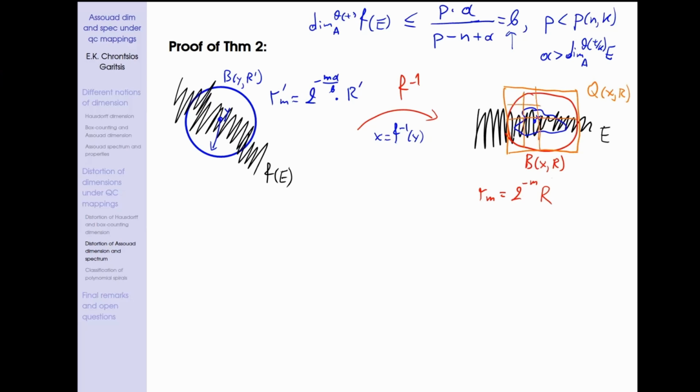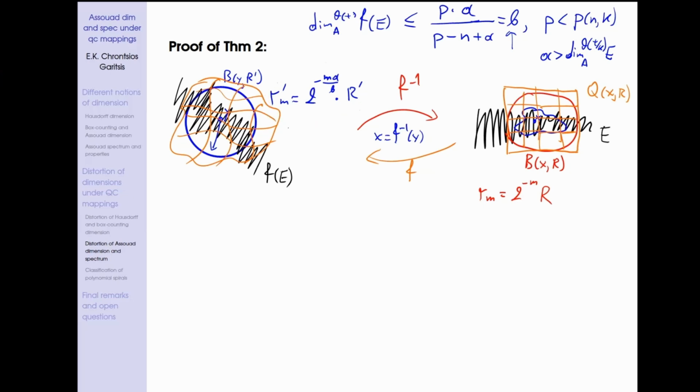Now, if we get a cover consisting of dyadic cubes of E inside B(X, R), and we take again the image, we apply f on that, we would get some sort of covering for what we see inside B(Y, r prime) of f of E. However, the problem is that we need to do that for every scale, but there might be some cubes that are not quite small enough. They might have diameter that is not at most r prime m.